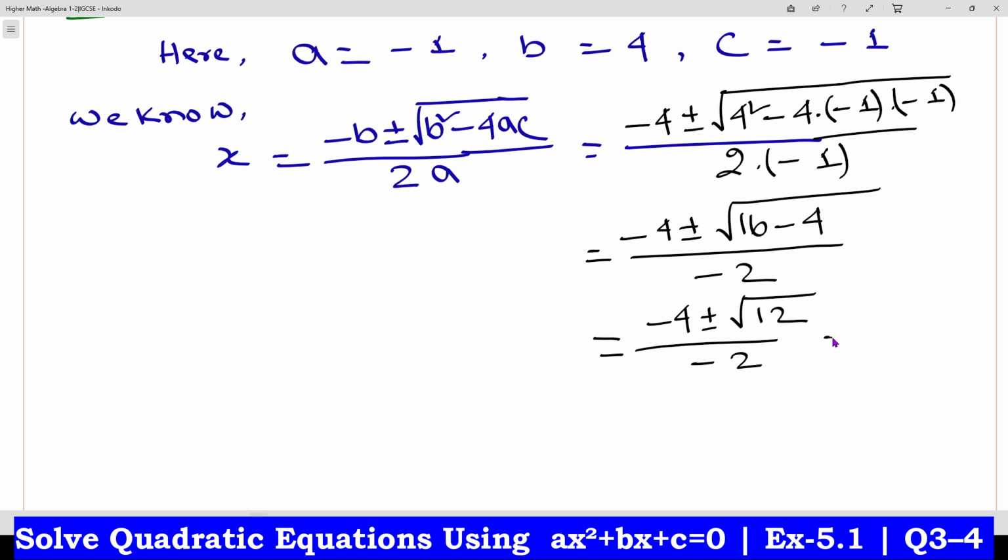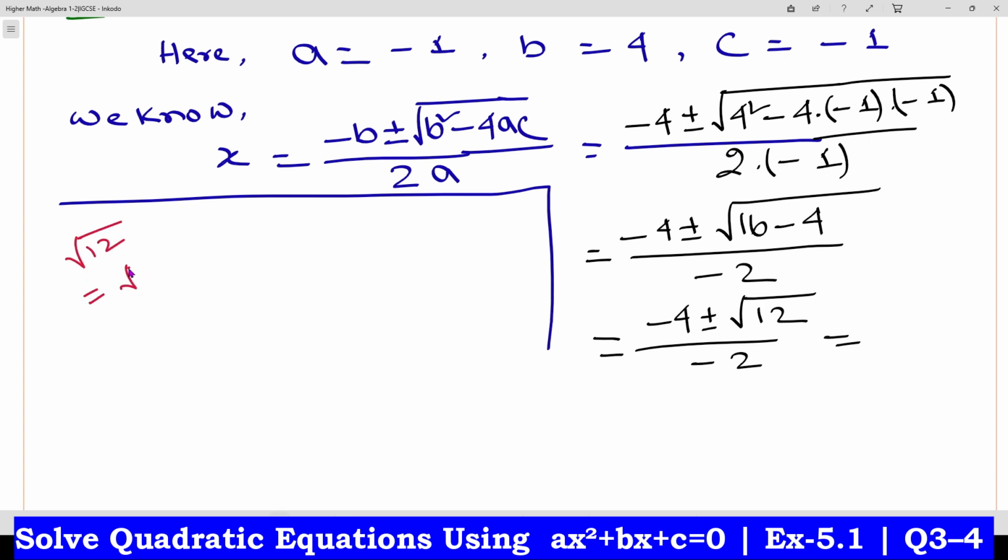So we can simplify more, like this root 12, we can write root over 4 times 3, root 4 means 2, and here is root 3. So instead of root 12 we can write 2 root 3, so it will be minus 4 plus minus 2 root 3 divided by minus 2.